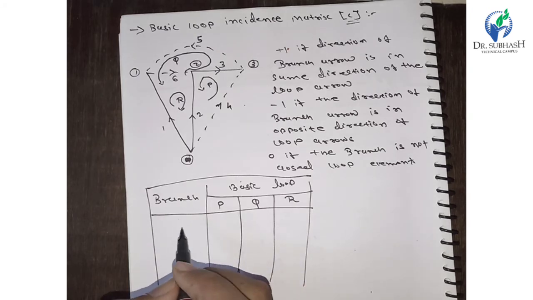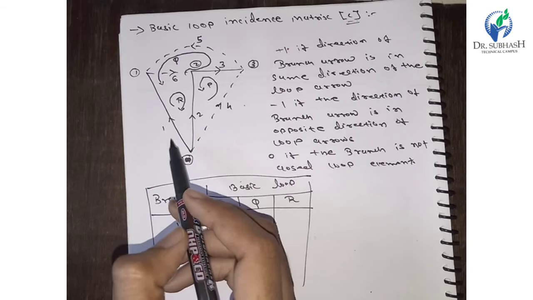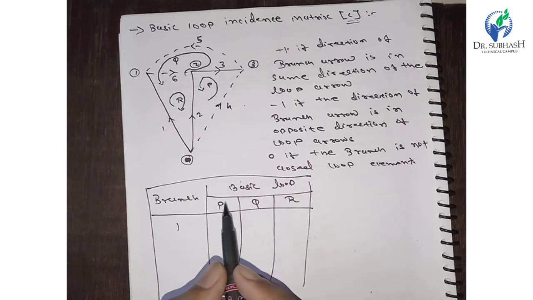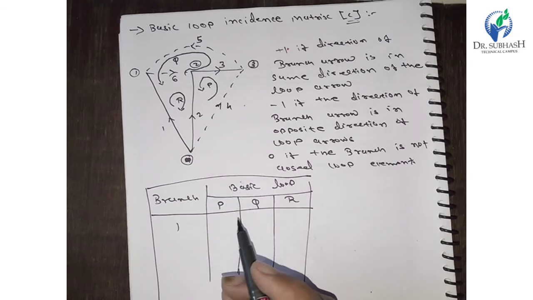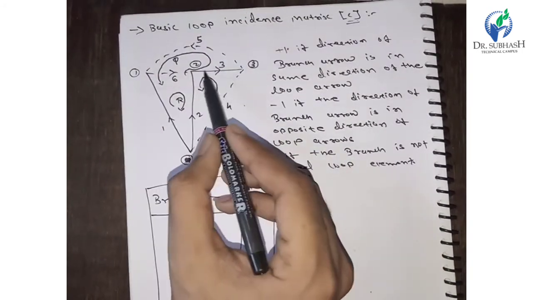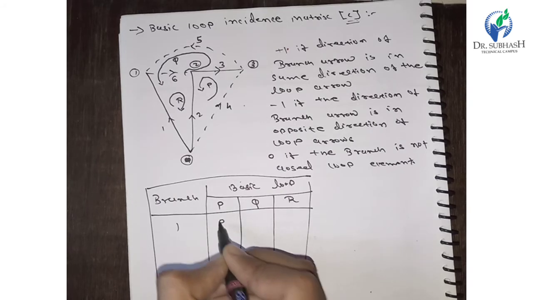When we take branch 1, branch 1 in basic loop P has no physical connection between them, so the output is 0.